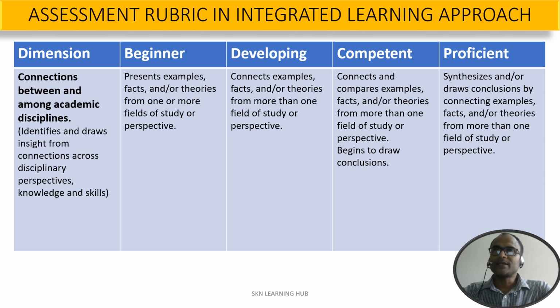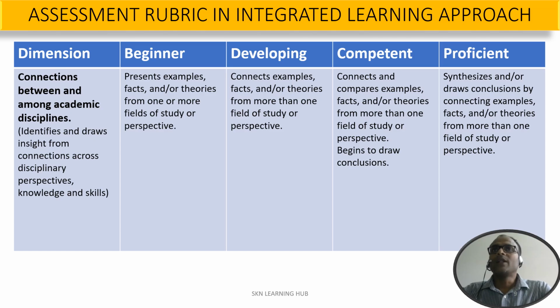The student who presents examples, facts, and/or theories from one or more fields of study or perspective will be treated as beginner. The students who connect examples, facts, and/or theories from more than one field of study or perspective will be treated as developing.